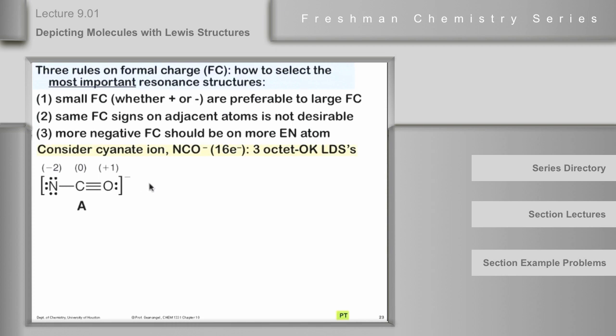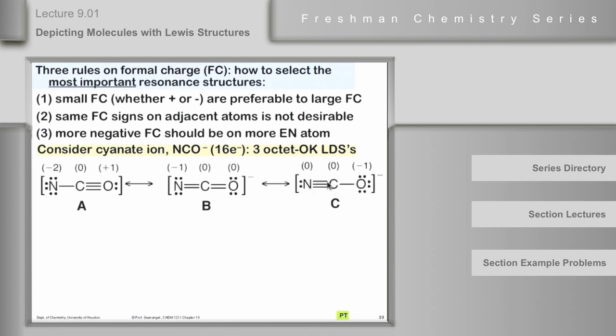Now the next Lewis dot structure has double bonds between carbon and oxygen and carbon and nitrogen. And when you do it that way, you get a -1 formal charge on the nitrogen and 0 on carbon and 0 on oxygen. That has all good octets, so we'll keep that one as well. The last one has a triple bond between the carbon and the nitrogen and a single bond between carbon and oxygen.